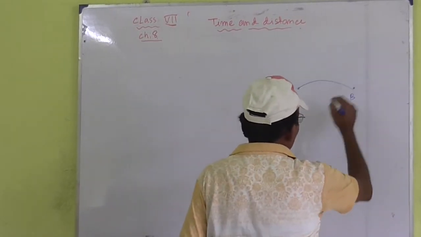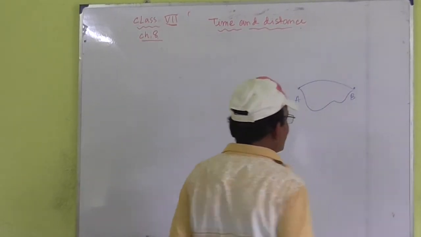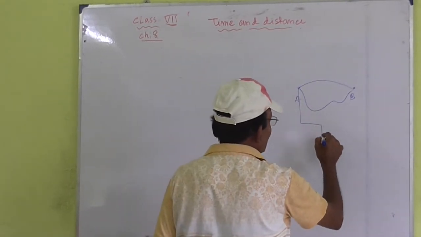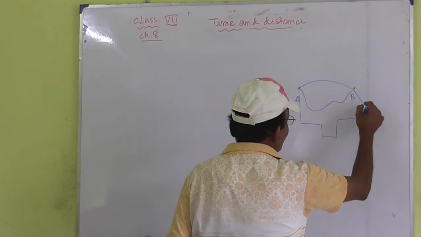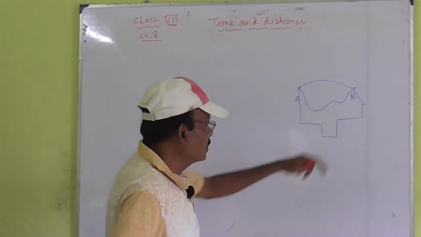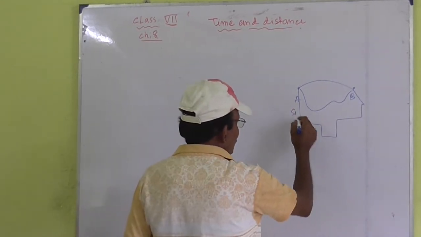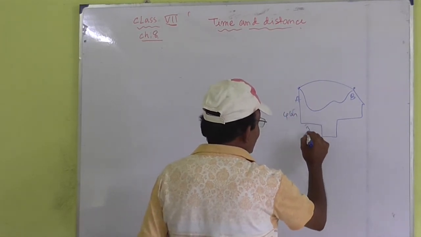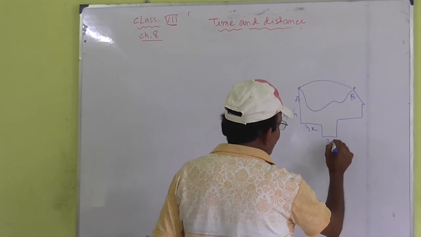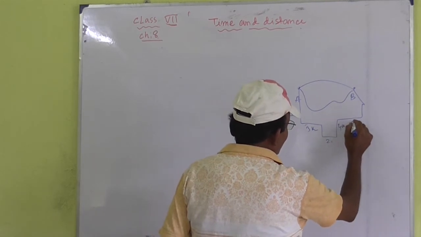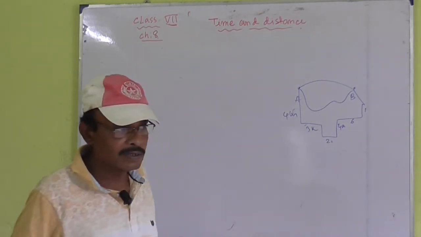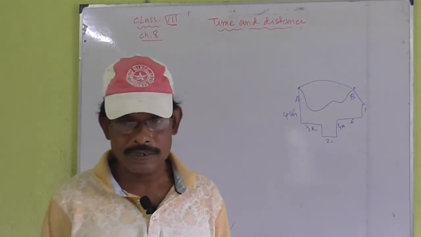If you cover in this way or in this way, this is the total path covered. Let us take S1, S2, that means 4 kilometer, 3 kilometer, 2 kilometer, 4 kilometer, 6 kilometer, 1 kilometer. The sum of the total kilometers is the distance.